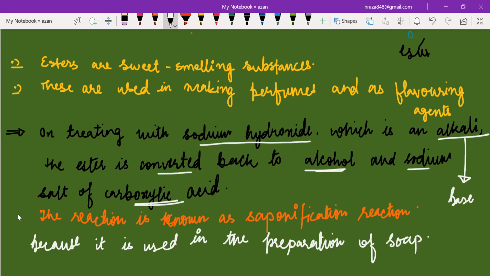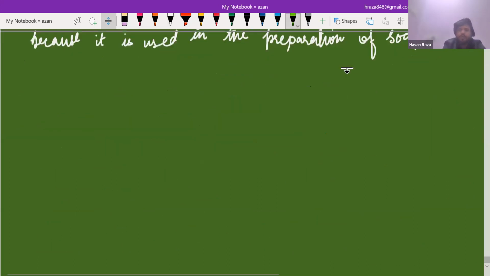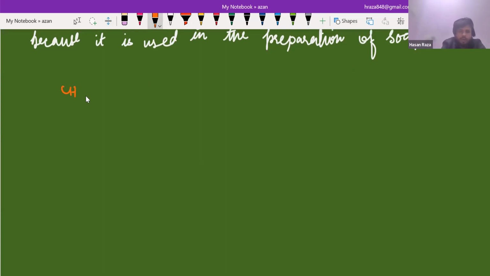Done. Very good. Now see, I'm going to show you the reaction. So the reaction is quite easy. You can see this is your CH3 and there is C double bond O and O, that means C double O and CH2CH3. So if you are going to treat this with sodium hydroxide, which is a base, which is an alkali, it will be converted into C2H5OH.